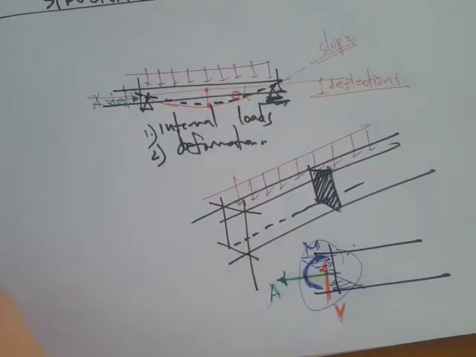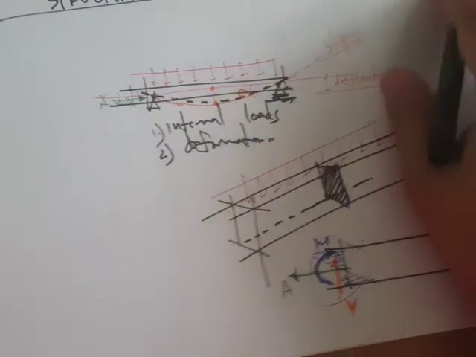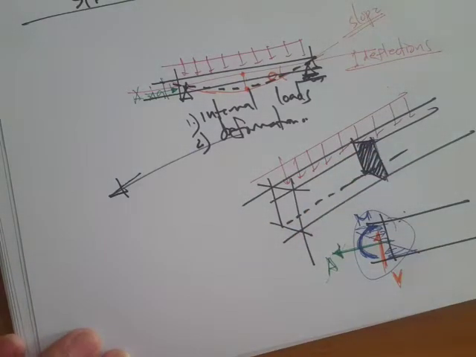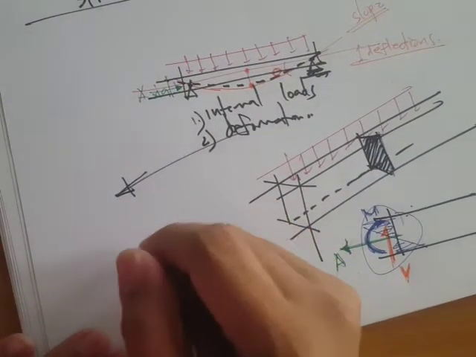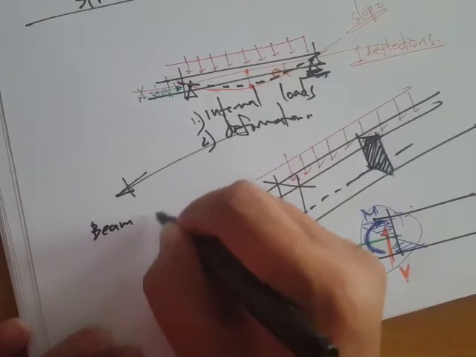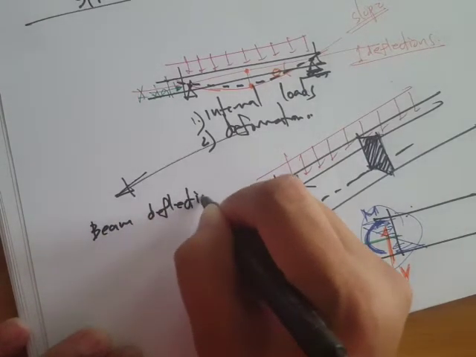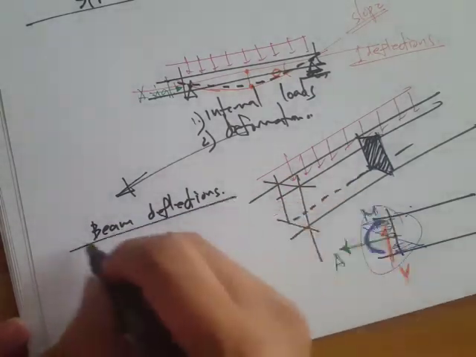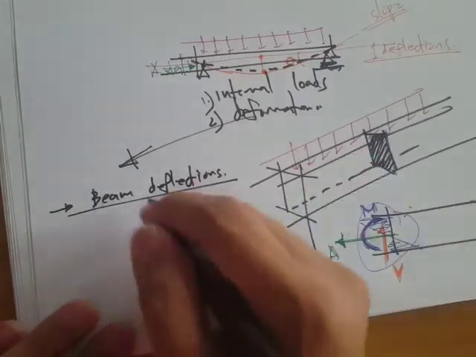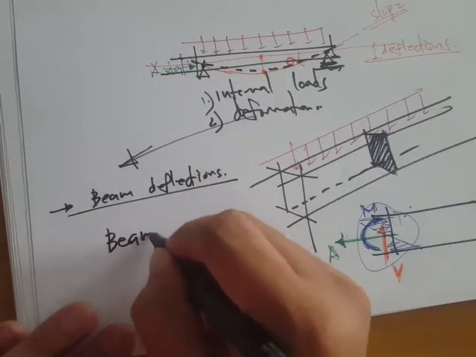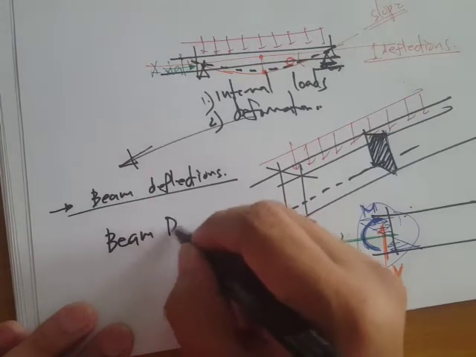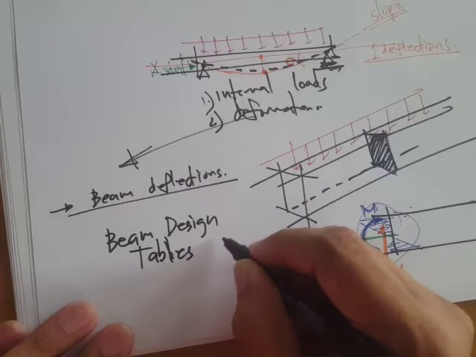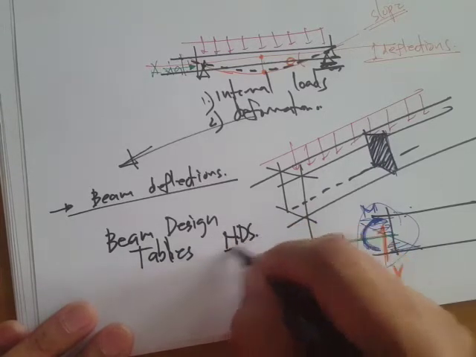Okay, so the topic of solving these deformations is discussed in the subject of strength of materials, for example beam deflections and how to solve them. It's also discussed in the structural analysis subject, but I'll just refer you to beam design tables, where you can find a lot of beam formulas, say the beam design tables by, I think, the NDS.